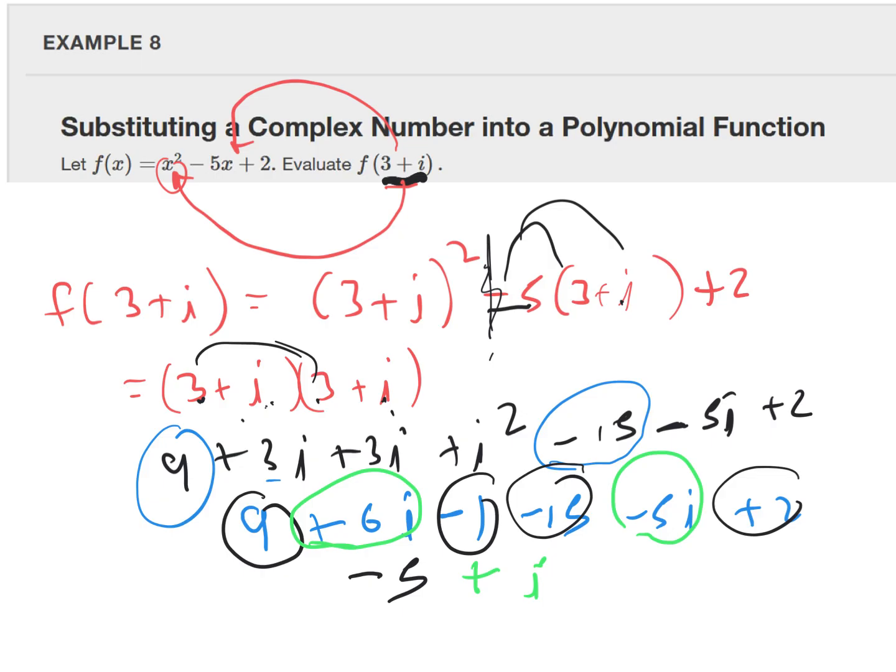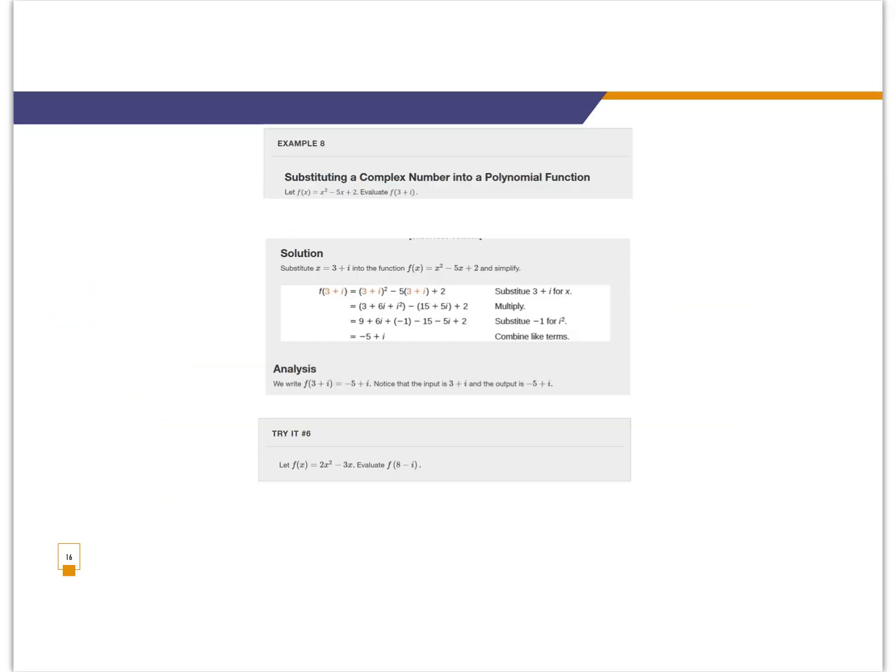Let's check the author. Okay, there's the same problem. There's all the work, and lo and behold, negative 5 plus i. I believe that's what I had. Same problem.